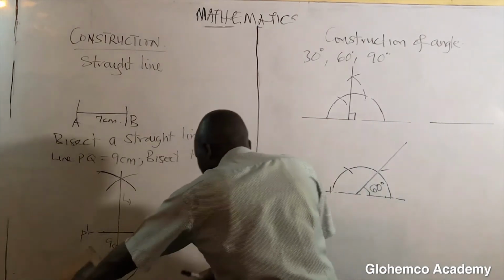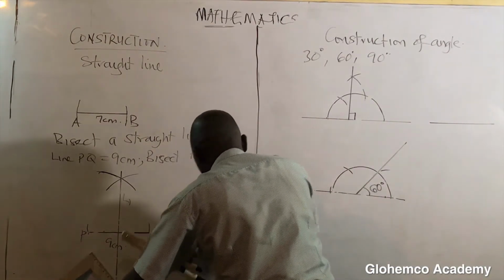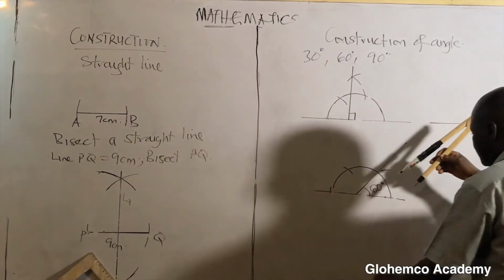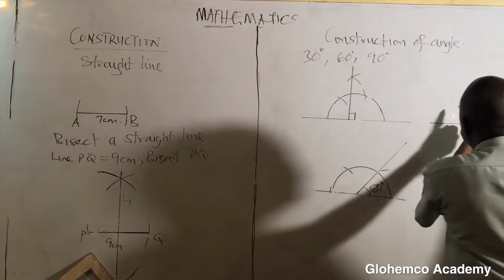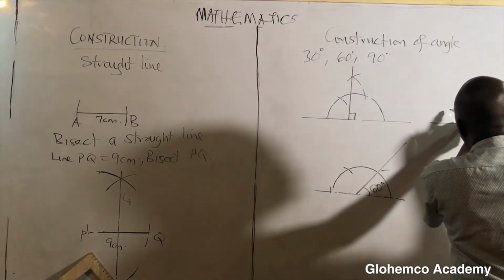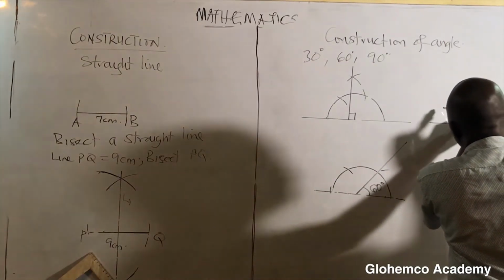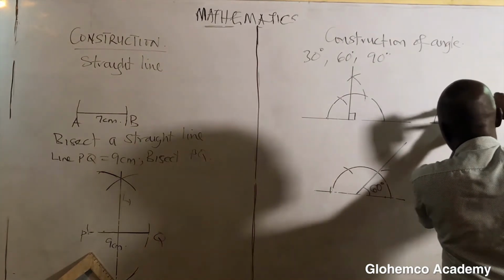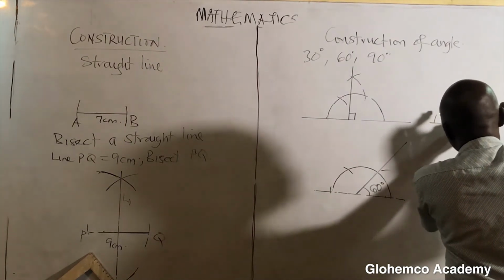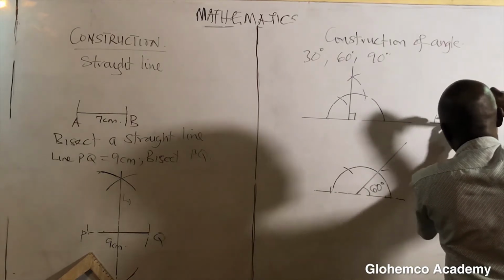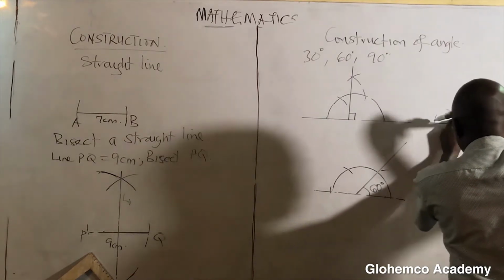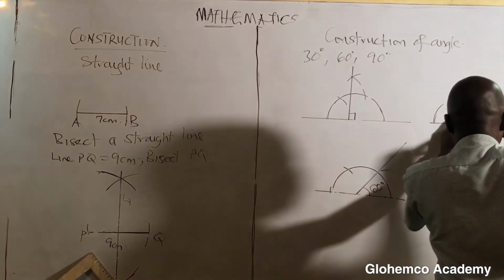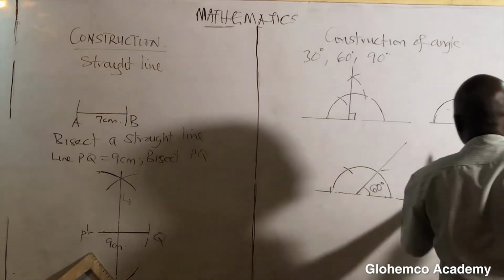Then this time around, you need to form another arc. Open the compass to a convenient length and draw an arc of a semicircle. Alright, you have something like that this way.